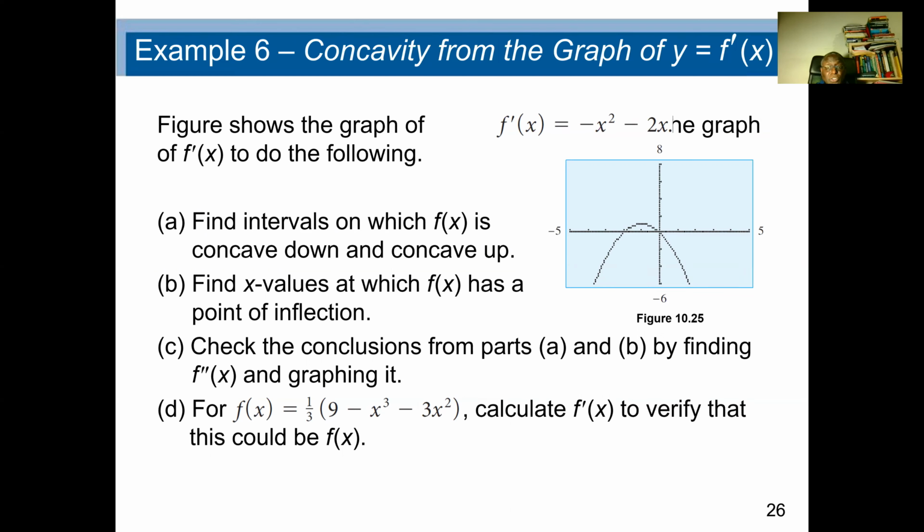So the question is given to us. We have -x squared minus 2x. So the first thing we're going to do is to find the intervals on which f at x is concave down and also concave up.